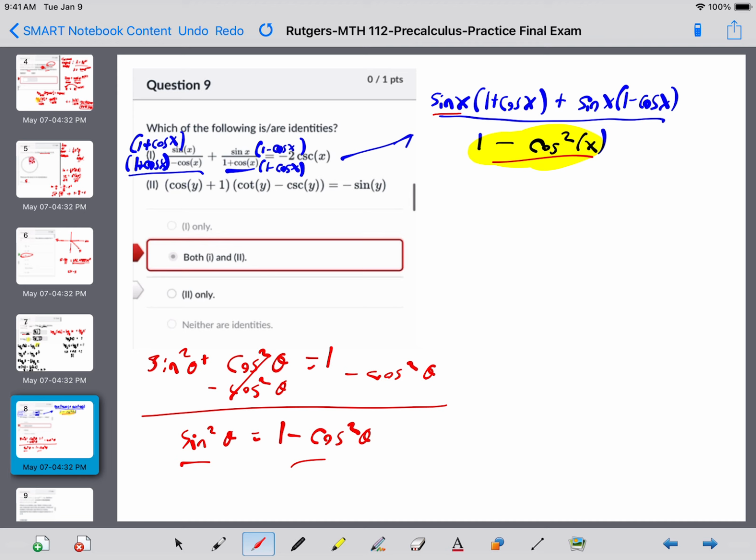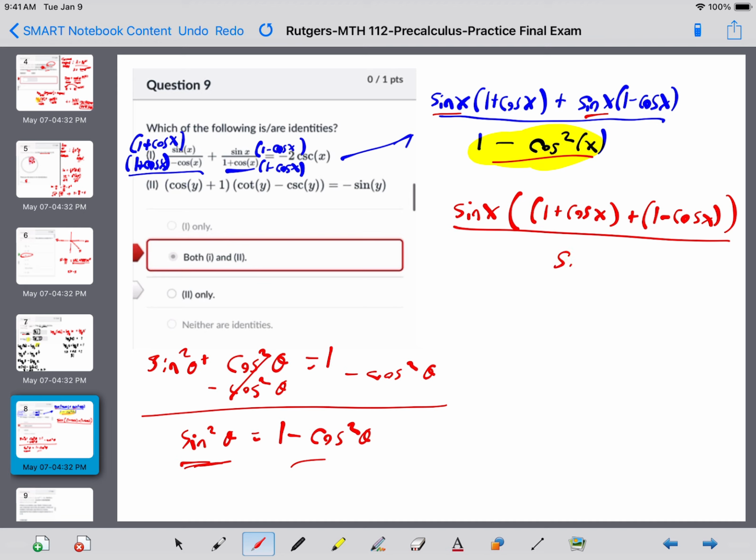I could do a little substitution and plug in sine squared of theta. I'll also factor out the sine x. So I have sine x times 1 plus cosine x plus 1 minus cosine x over sine squared of x.